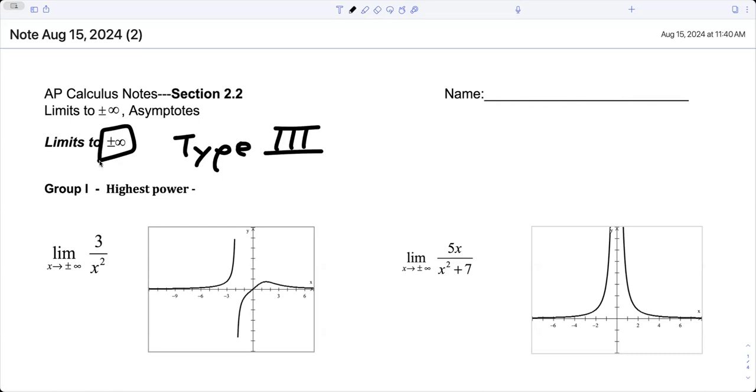First one, if the highest power is in the denominator, then the value of the limit is going to be, remember from pre-cal, have a little acronym, BOBO, right? Bigger on bottom, the value of the limit is 0.